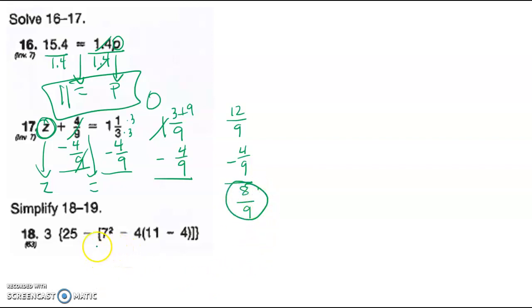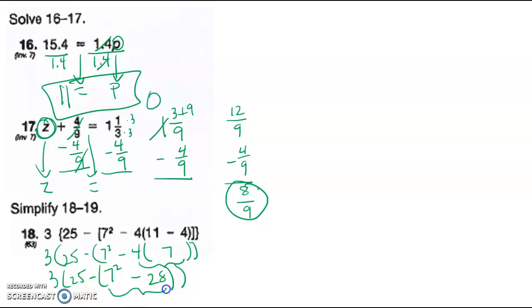Okay. And then on this one, it's a matter of symbols of inclusion. So I'm going to start here. 11 minus 4 is 7, and everything else is going to stay the same. Okay, and then I have to do this part. So 7 times 4 is 28.